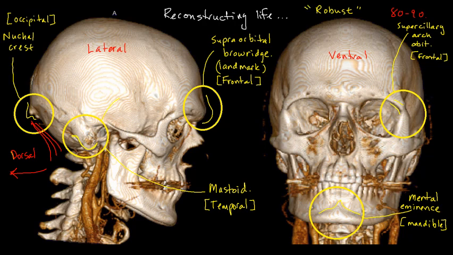And when we tend to see robust features, that allows us to say that it's closer to the dimorphism that we see within males. In contrast, we use the word gracile if we're referring to soft features that are more consistent with the female sex.